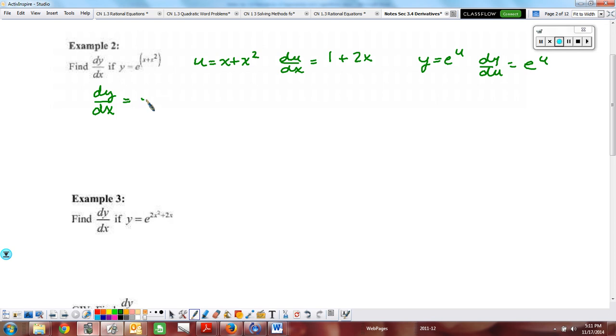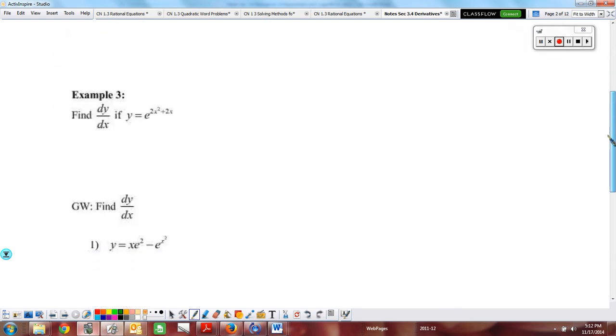So I end up with e to the u times the derivative of u with respect to x, 1 plus 2x. E to the u times the derivative of the u. That's why we use this as e to the u times u prime, to get ourselves into the habit of finding our derivative.